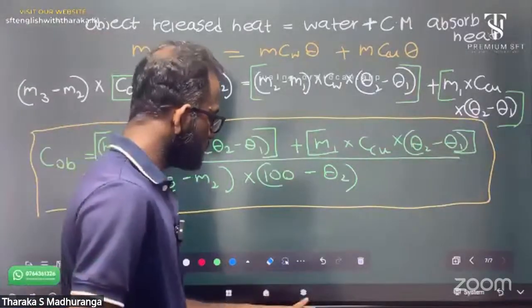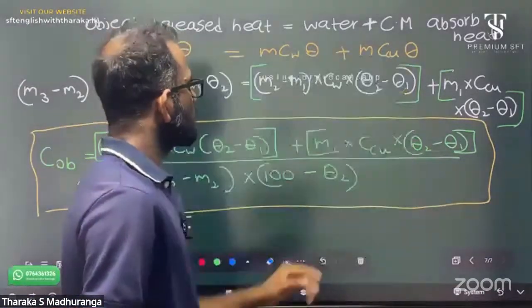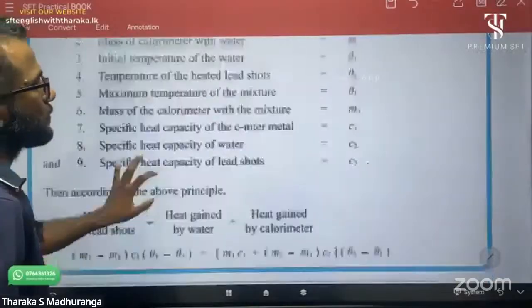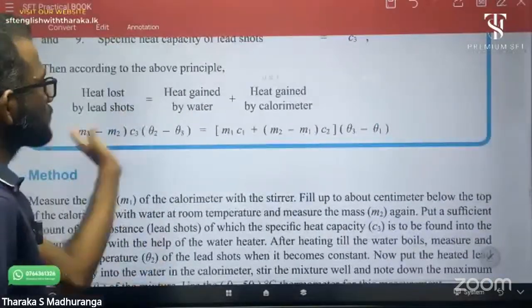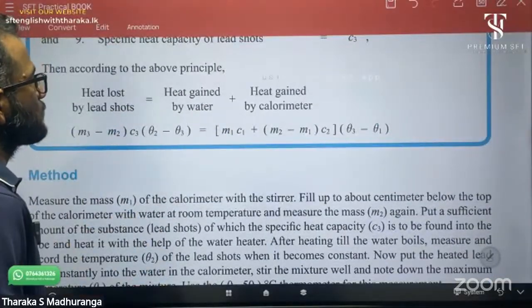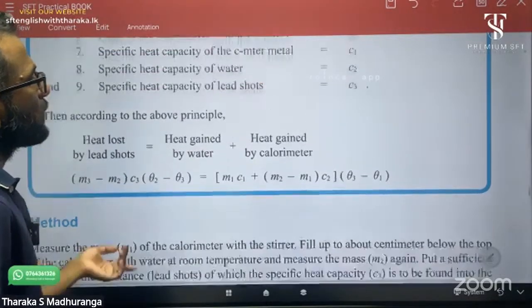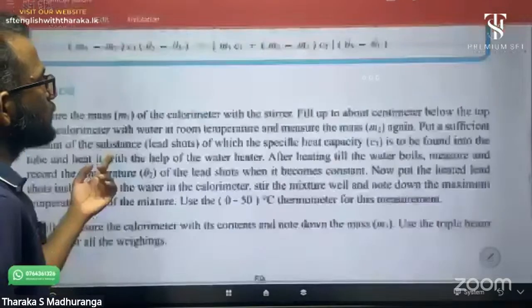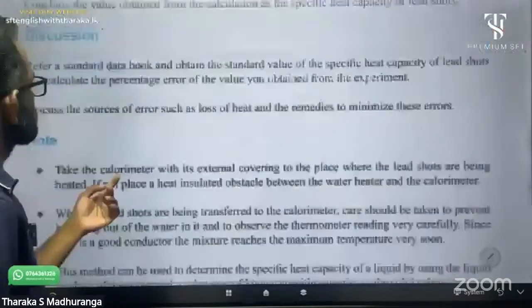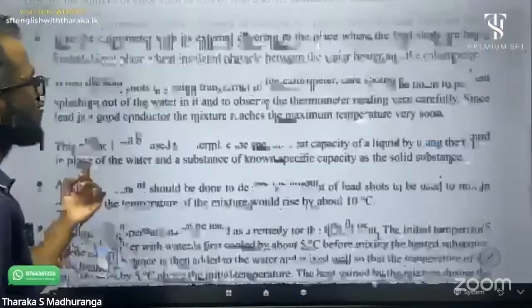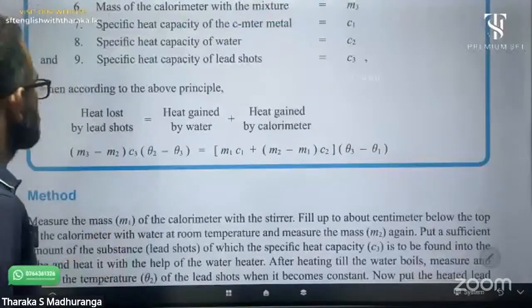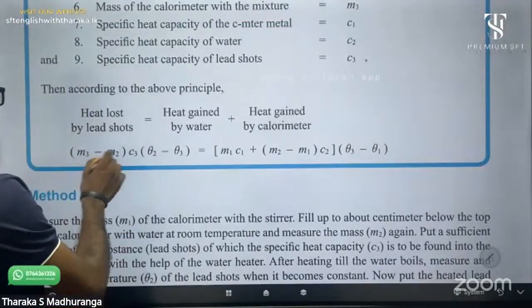Okay, it is given in the tune. This is the store. But it is given in it with complex n. Yeah, M3 minus M2.